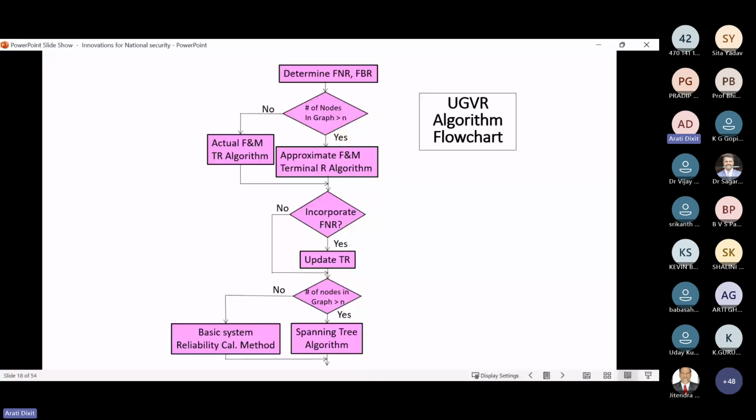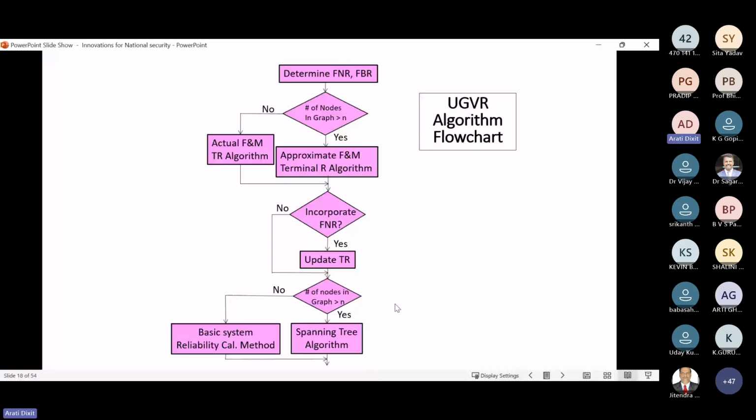Once we evaluate the fuzzy branch reliabilities and node reliabilities, depending on the number of nodes, we use the respective algorithm, either the basic system or the spanning tree algorithm, for calculating system reliability. So this is how the flow goes.